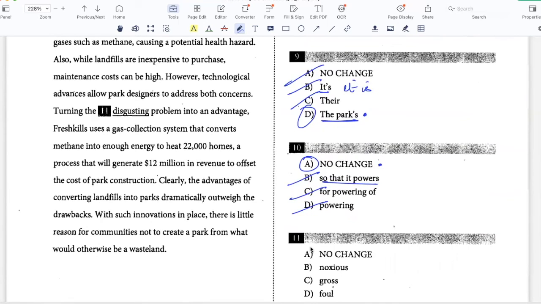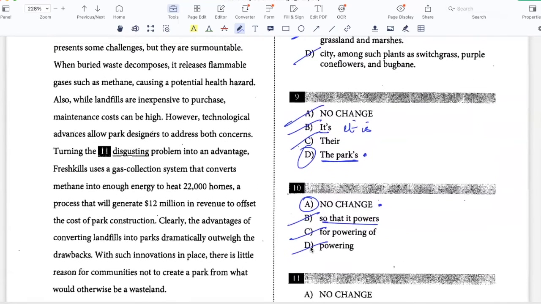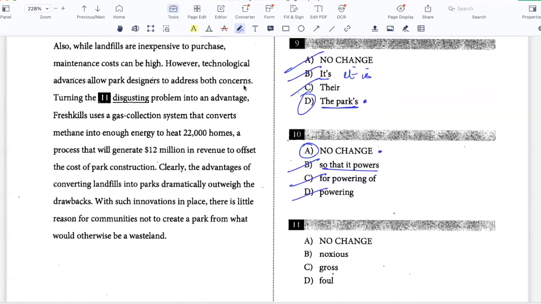Freshkills uses a gas collection system that converts methane into enough energy to heat 22,000 homes. Okay, so I'm talking about the problem of methane, which is a health hazard. So I think the best word would be noxious, right? Because noxious is used for a gas that is harmful, that is dangerous.